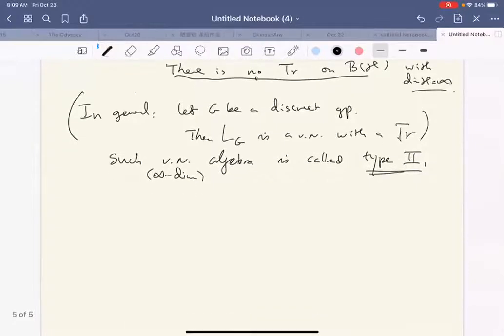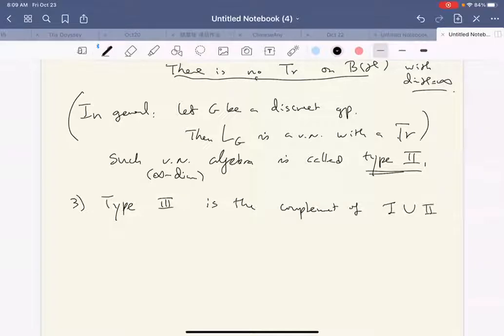Before I move on further, since I talk about type 1 and type 2, there's also type 3. Type 3 is the complement of type 1 union type 2.